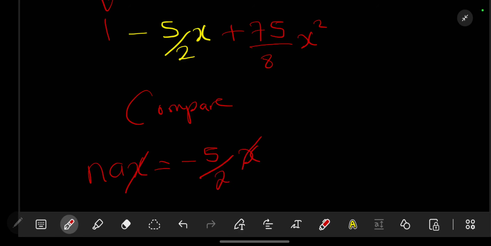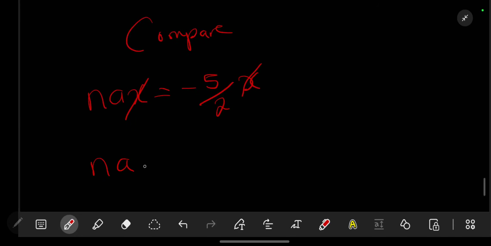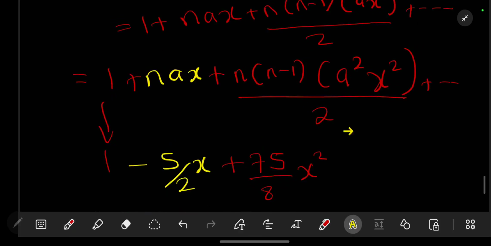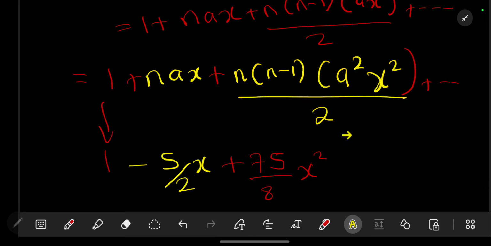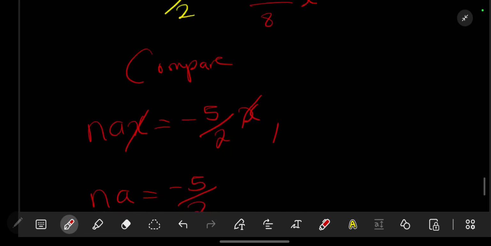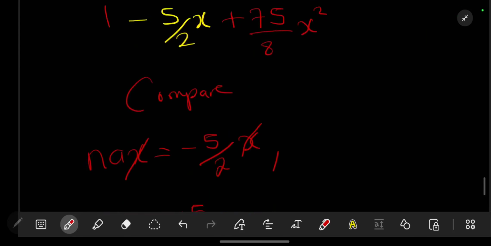We cancel the x on both sides so that na should be equal to negative 5 over 2. Also comparing this other one, 2 factorial is still 2.